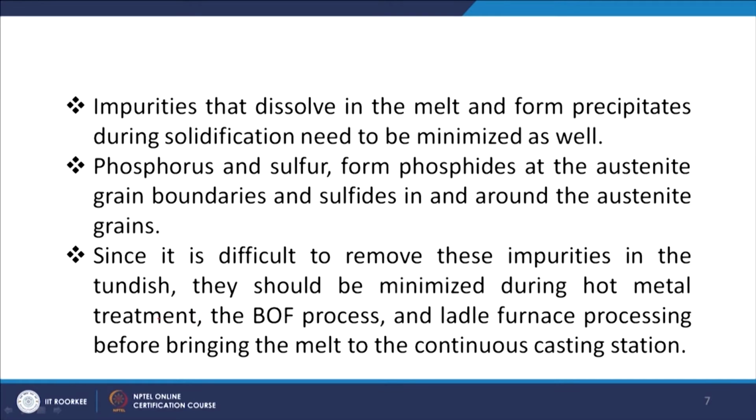So your efforts should be there during the hot metal treatment, the BOF process or the ladle furnace processing, before you bring the melt to the Tundish, to have a minimum of phosphorus and sulfur and the formation of phosphides or sulfides at the grain boundaries.